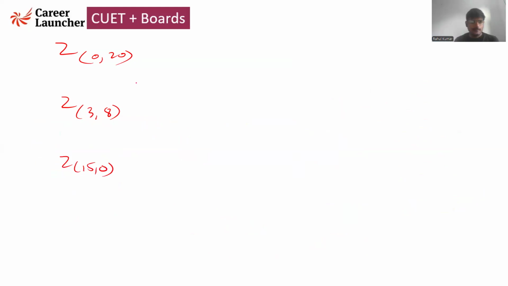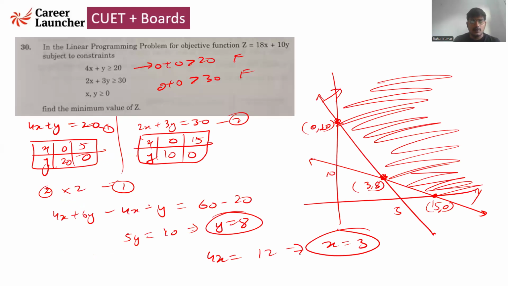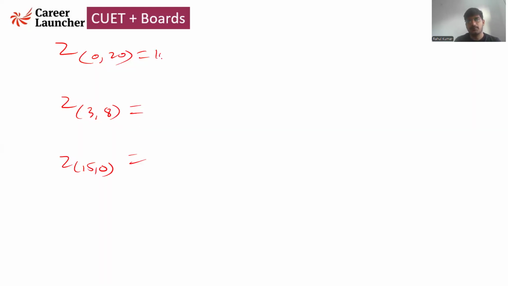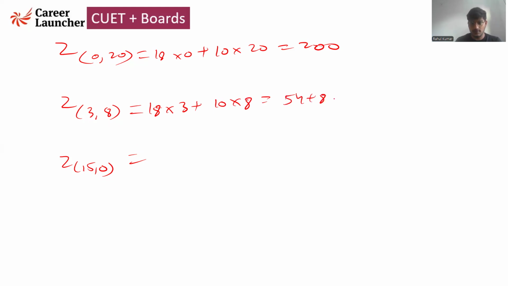Now when you do so, let's try to calculate the outcome. 18x plus 10y, which is 200. 18x plus 10y, okay, 330 plus 24, 54 plus 80, it will be 134, and 18 into 15 plus 10 into 0.